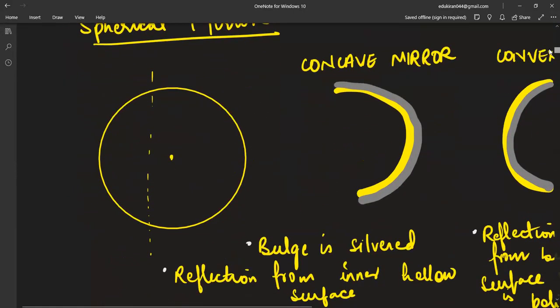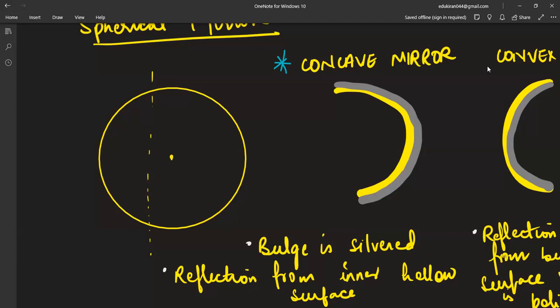Mirrors, we had seen concave mirrors and convex mirrors. When the bulged part is silvered and the inner concavity is present for reflection to occur, this is known as a concave mirror. Second, you have convex. When we talk about lenses, then the convex lens becomes important.